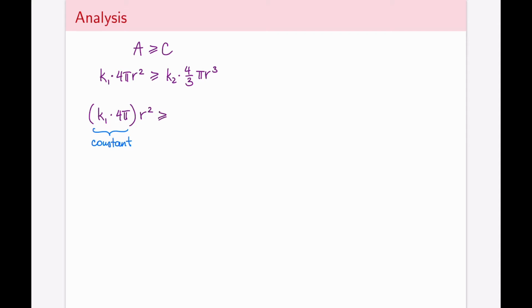And I want this to be greater or equal than K2 times 4/3 pi times r cubed, where what I have in the brackets now is also a constant. So I have some constant times r squared has to be greater or equal than some constant times r cubed.